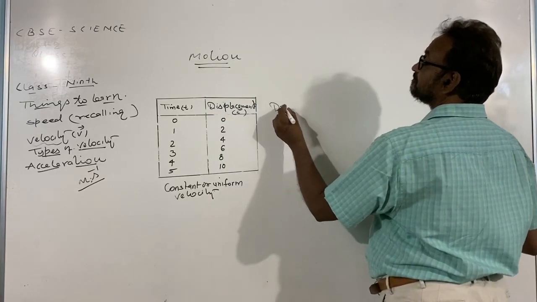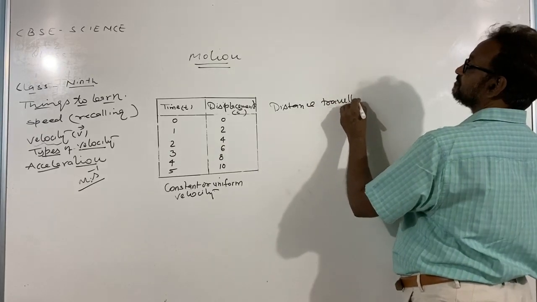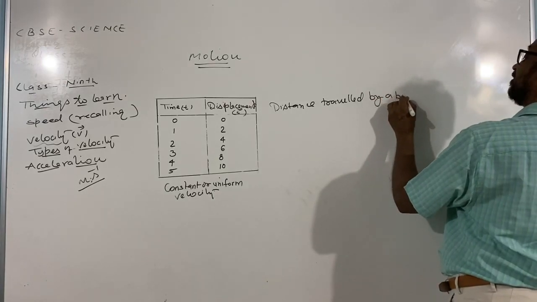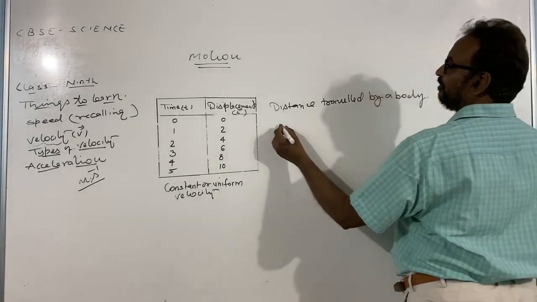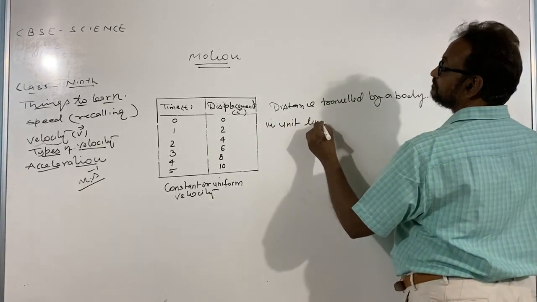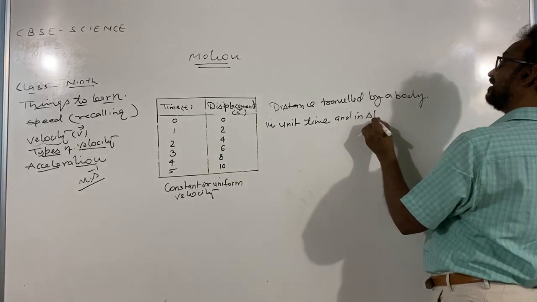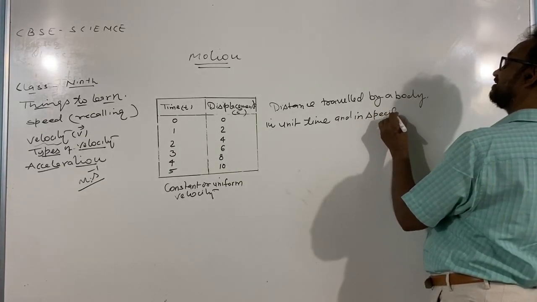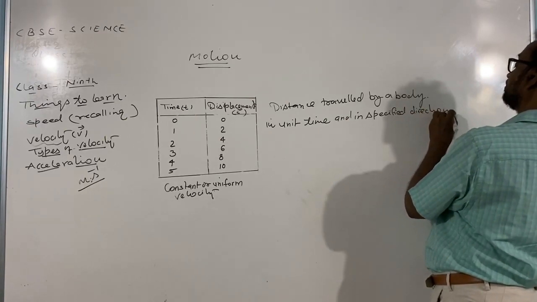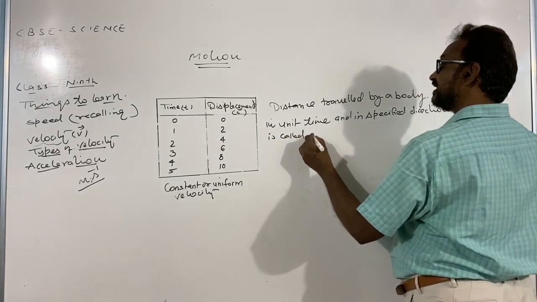Distance traveled by a body in unit time and in a specified direction is called its velocity.